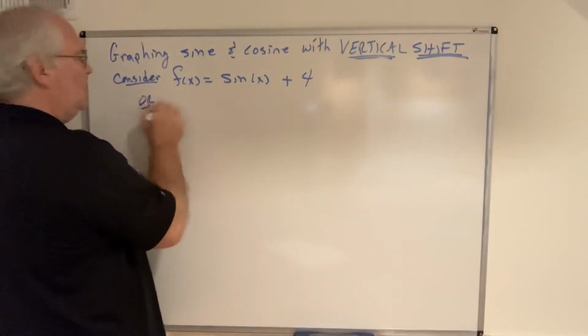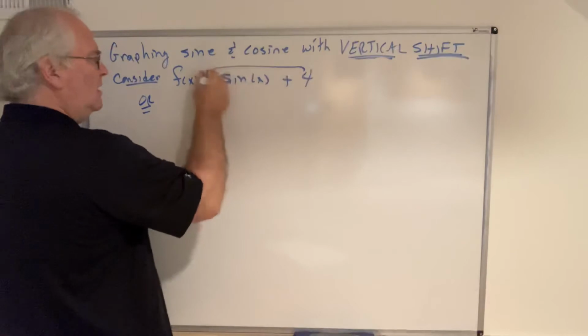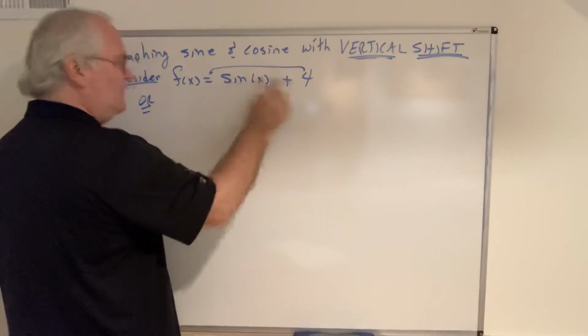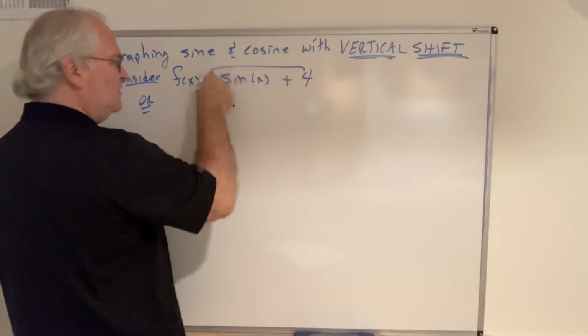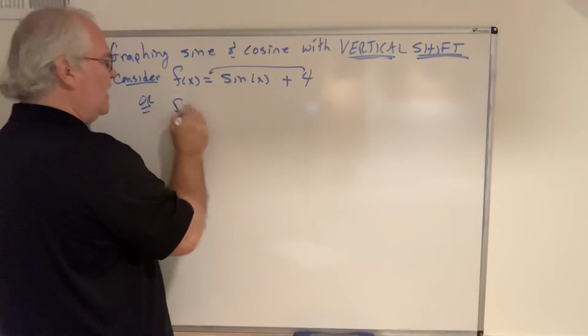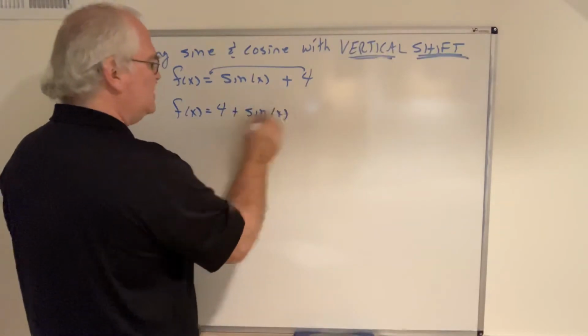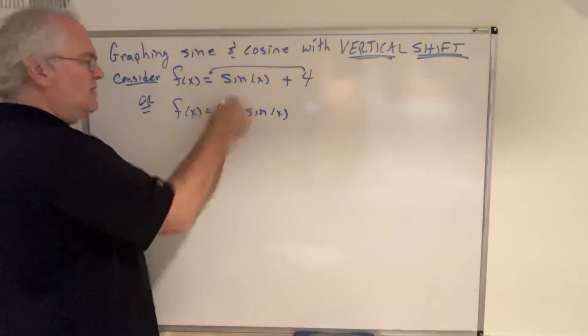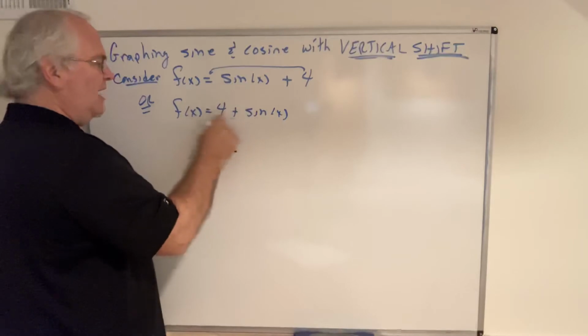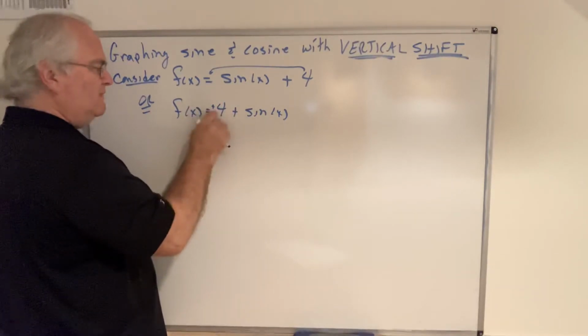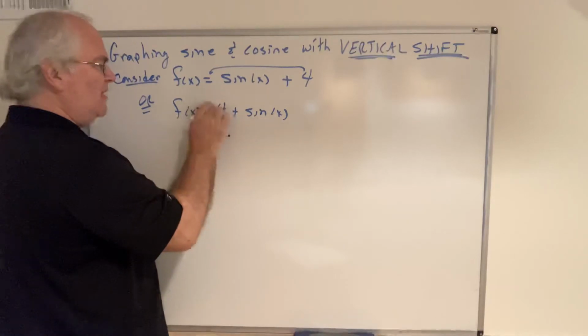Sometimes you'll see this 4 written in front. In fact, very often with trigonometric functions, this plus 4 is put in the front. And so we write f of x is equal to 4 plus sine of x. These are the same effect. In any case, you're adding, this is a positive 4. You're adding positive 4 outside the primary function.